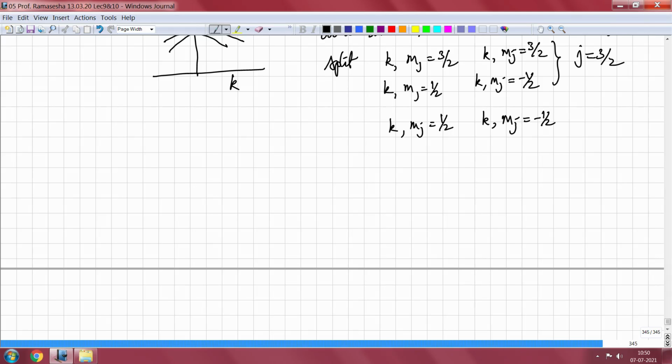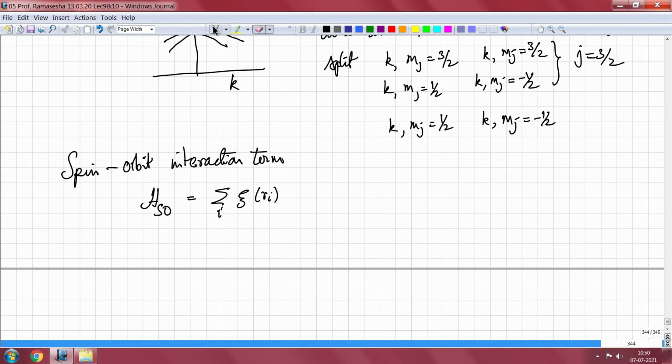The spin orbit interaction term is H spin orbit equal to sum over i of xi(Ri) Si dot Li, with xi(Ri) equal to h cross squared by 2 m c squared, times 1 upon Ri, del V by del Ri.